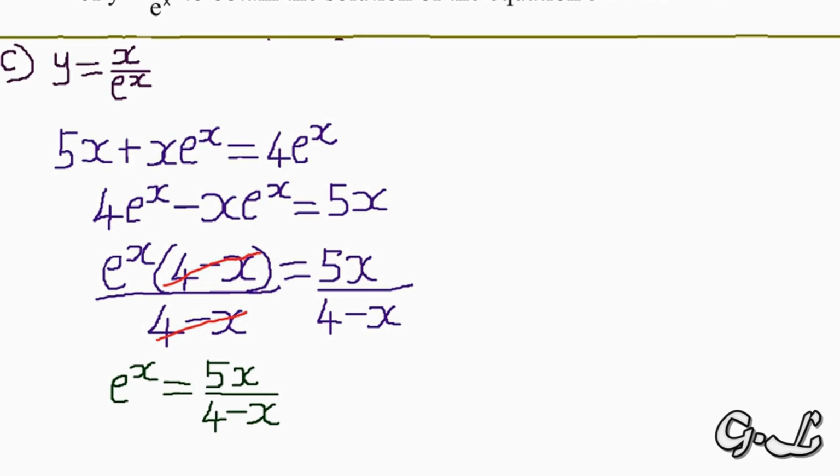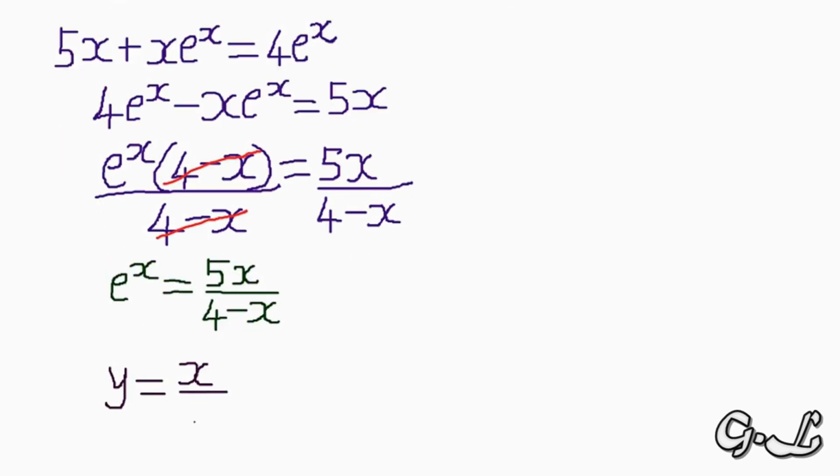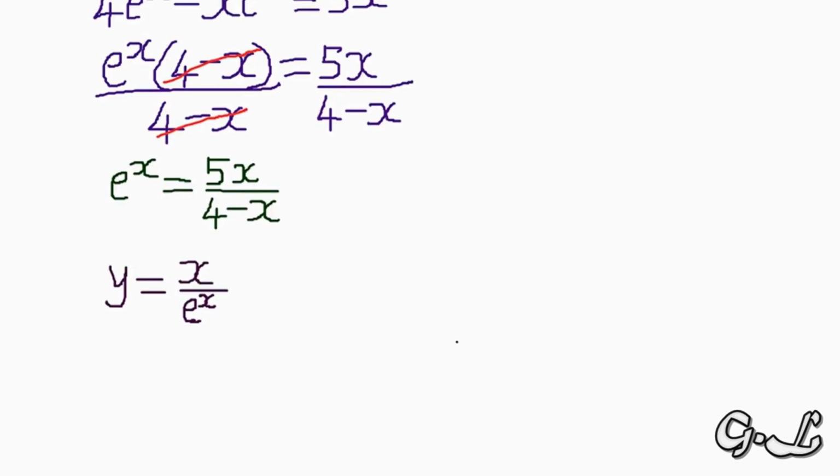The next step that you're going to do is that we're going to write the first equation that we have. The first equation, it is y is equal to x over e to the x. And then the next thing that we have to do is that wherever there is e to the x, we're going to replace with 5x over 4 minus x.